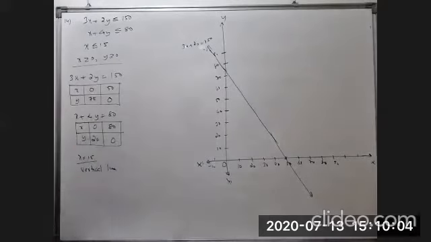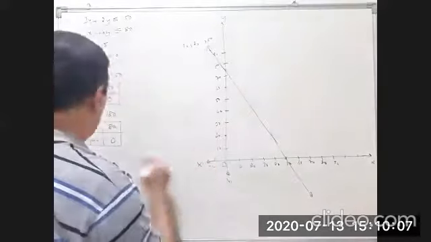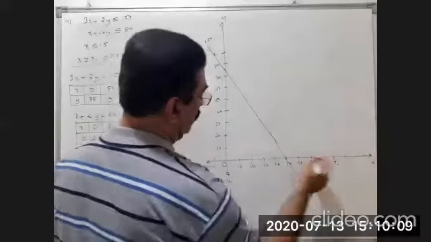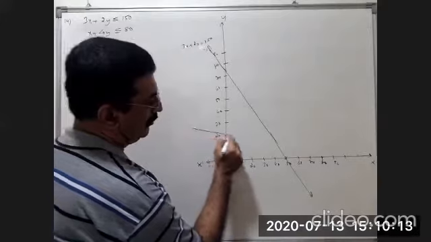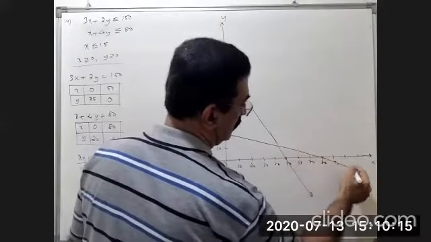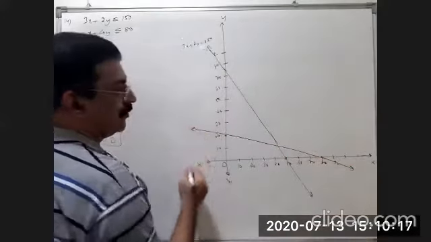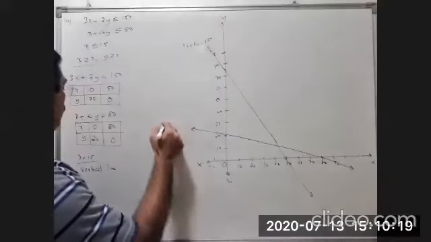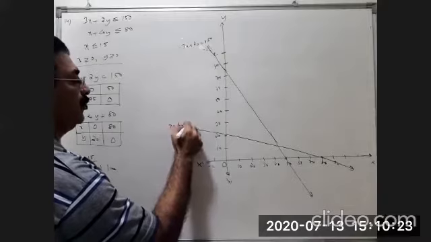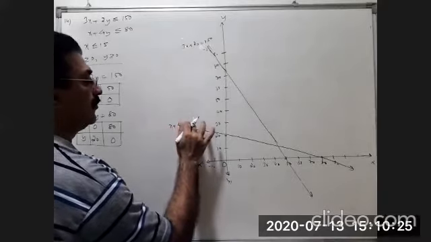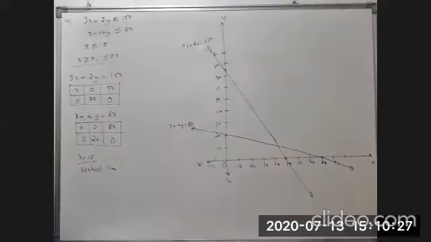Next one, 0, 20 is here. 80, 0 is here. So if we draw a line, this is x plus 4y is 80.